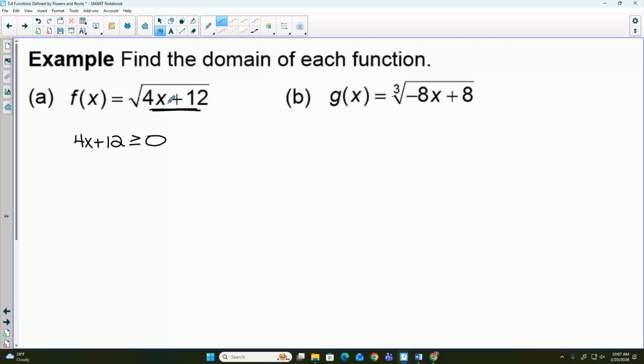So just the piece under the radical. It doesn't matter if I have something on the end or something multiplied, that won't change the domain. It's just what's underneath the radical. So then if I solve that, I get 4x is greater than or equal to negative 12. If I divide by 4, x is greater than or equal to negative 3. How would we write that as an interval?